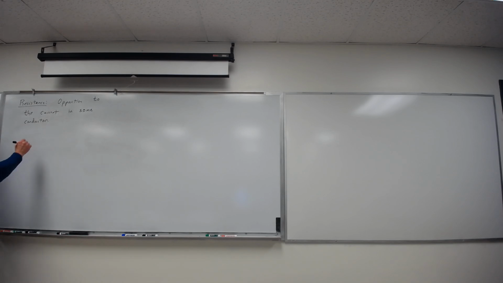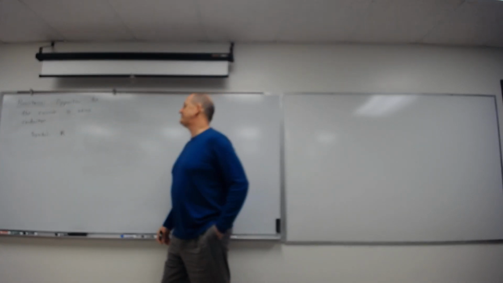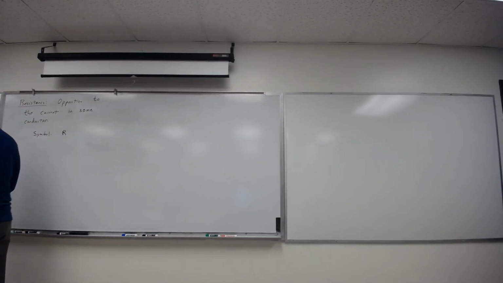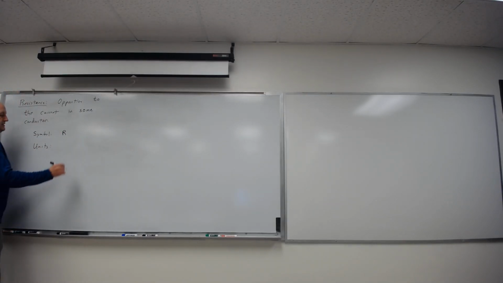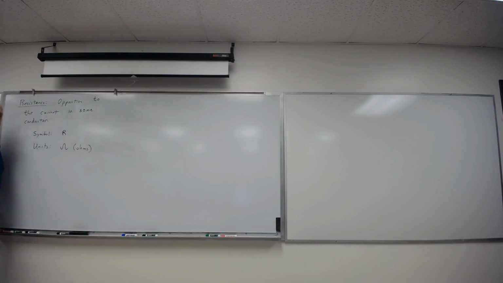Units for resistance. Actually, we'll start with the symbol, since the other ones have done symbol first. The symbol for resistance is easy: R for resistance. Units for resistance, anybody know? Ohms. You got it. Omega, the Greek O, because if you put an O on the end, it would look like another 0.